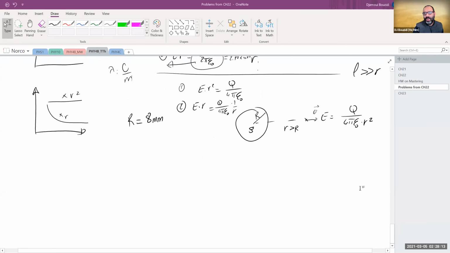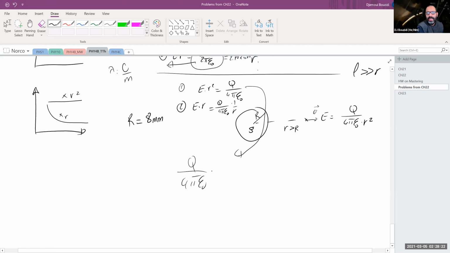When we multiply by r squared, this should be a constant. So this is the constant that we should have found. Q over 4 pi epsilon naught is equal to that constant coming from the average in Excel. From here, we should be able to find that charge. Q is going to be 4 pi epsilon naught times that constant.